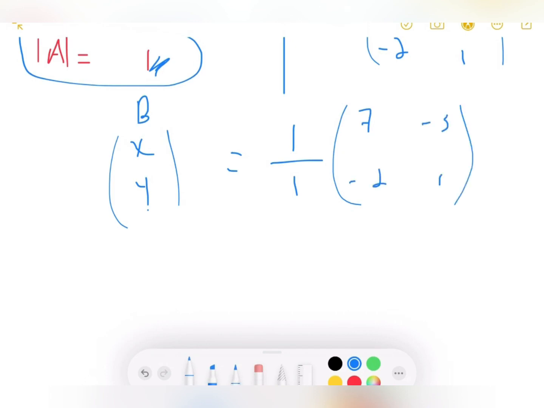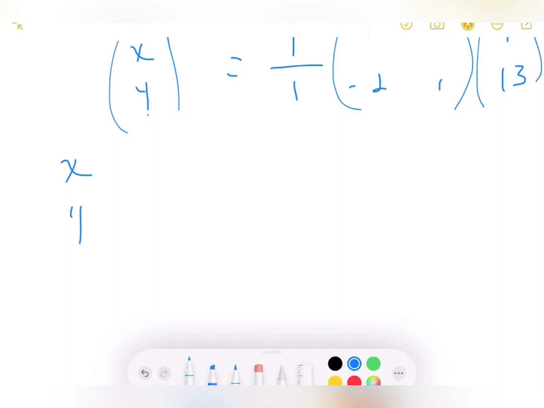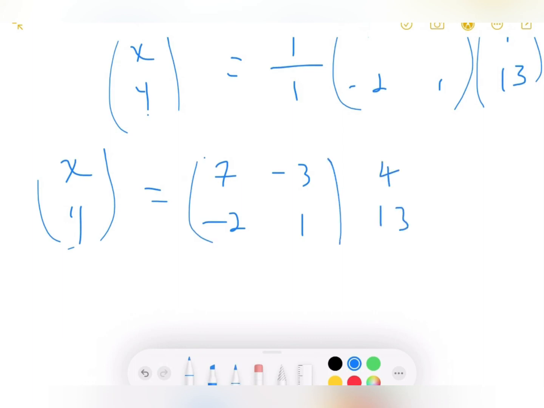And we will multiply this now by our C, which is 4 and 13. So let me put A transpose here and put the multiplication sign there, and the C. X, Y equals 7, negative 3, negative 2, 1 times 4, 13.